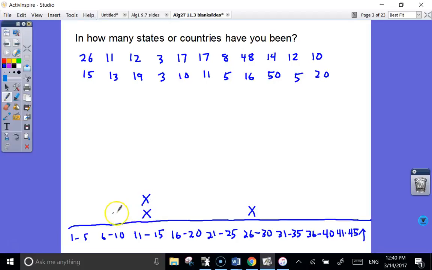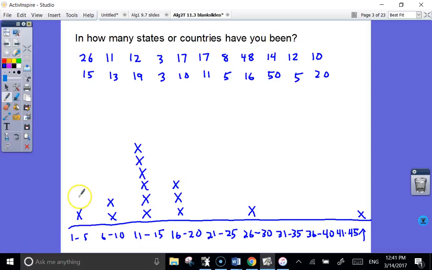3, 17, 17. 8, 48. 8, got 1 all the way over here. 14, 12. 10, 15. 13, 19. 3, is that a 10? I think so.